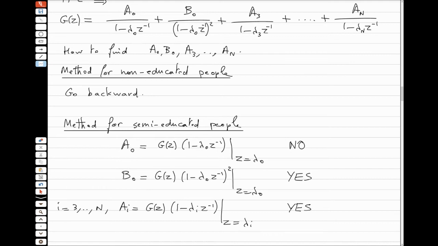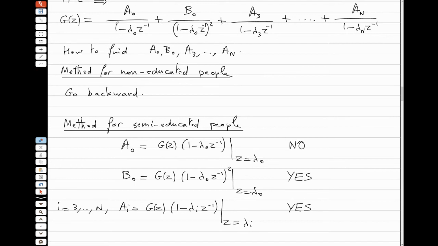Look, why is this one working and not this one? This one, when you multiply G of Z by this, so this gets cancelled. You get B naught alone, and when you replace Z by lambda naught, all of the other guys are going to be cancelled. What about this one? When you multiply G of Z by this gets cancelled.